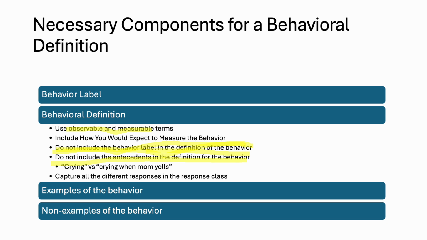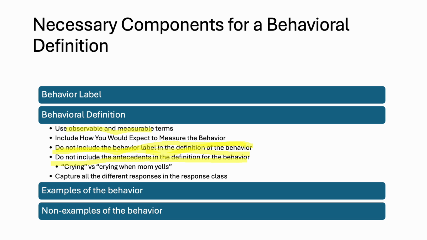Okay, Jimmy's mom was not paying attention to him, and so he engaged in aggression because he wanted attention. It ends up making your definition not as objective, and you're not using observable terms. So please don't include the antecedent in the definition of the behavior.